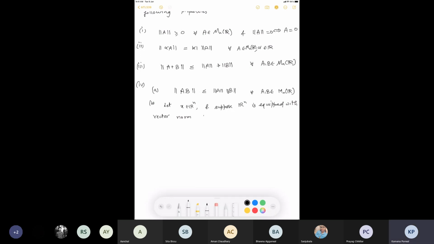We are denoting it by this. I'm writing the V in the subscript to differentiate the vector norm from the matrix norm.